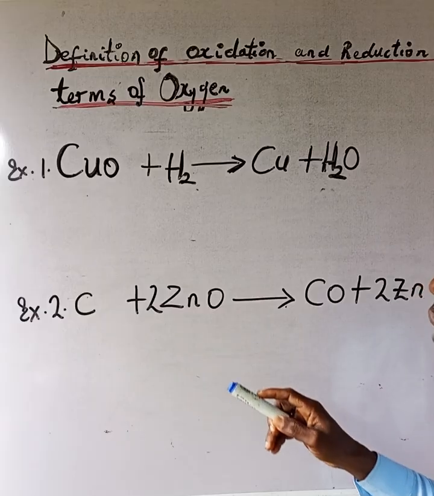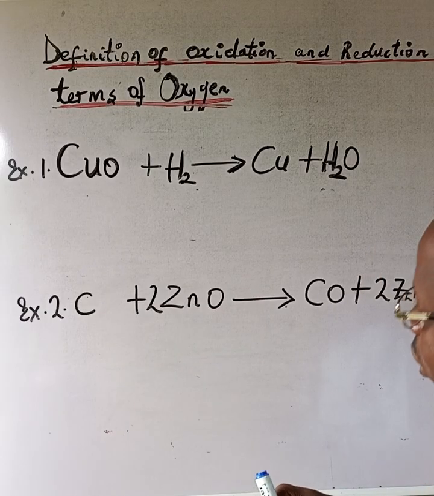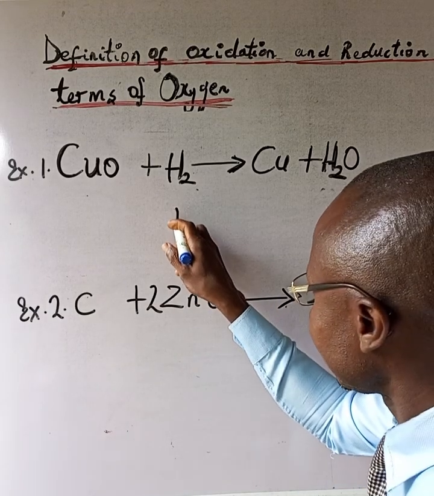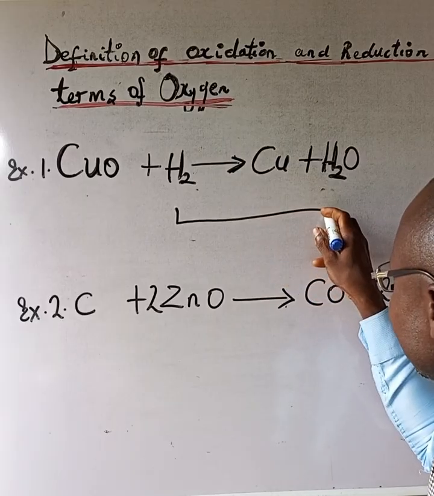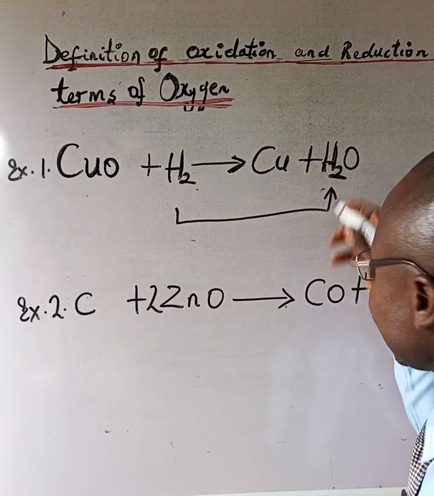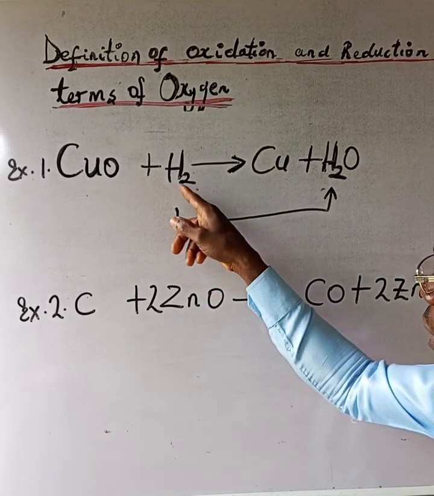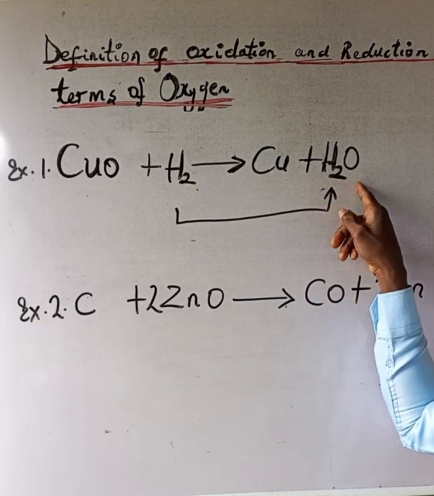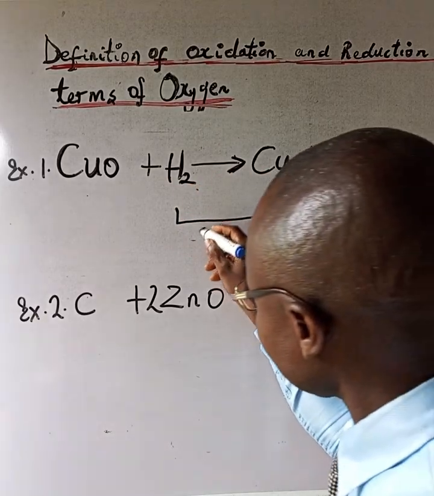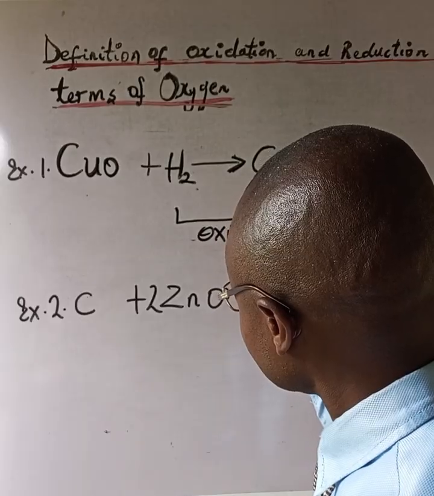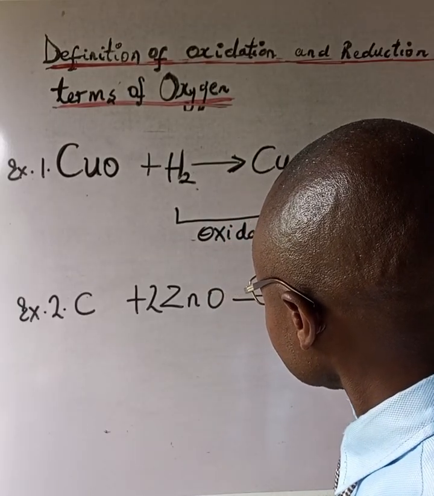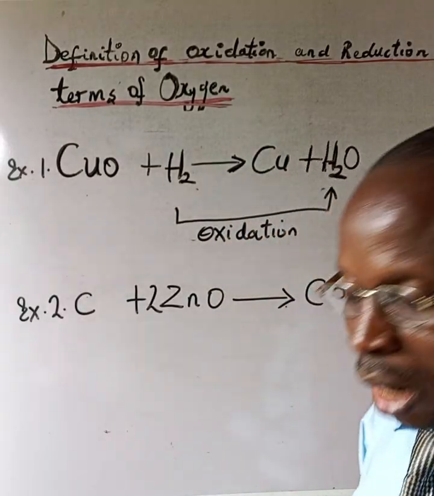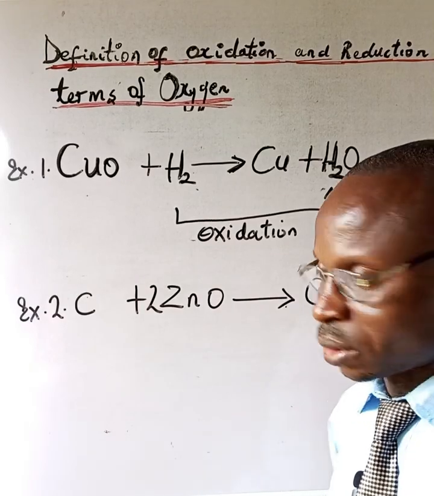Okay, now what has happened here? From here to this place, oxygen is added to this element to produce water molecules, and that is called oxidation. That is addition of oxygen to a substance.